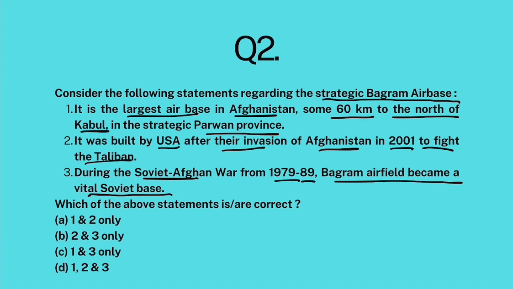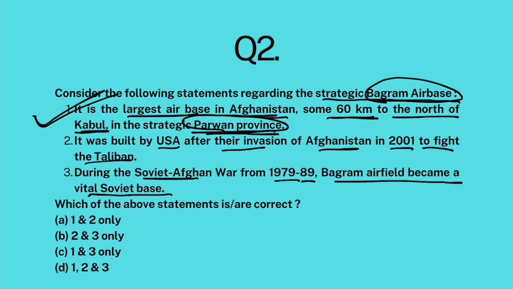As far as Bagram Air Base is concerned, it is the largest air base in Afghanistan and it is 60 kilometers to the north of Kabul in the strategic Parwan province. That is correct. The reason why Parwan province is strategic is because there are so many highways and tunnels that connect to different parts of Afghanistan. So if you have control of Parwan province, you can go to any part of Afghanistan. So first statement is correct.